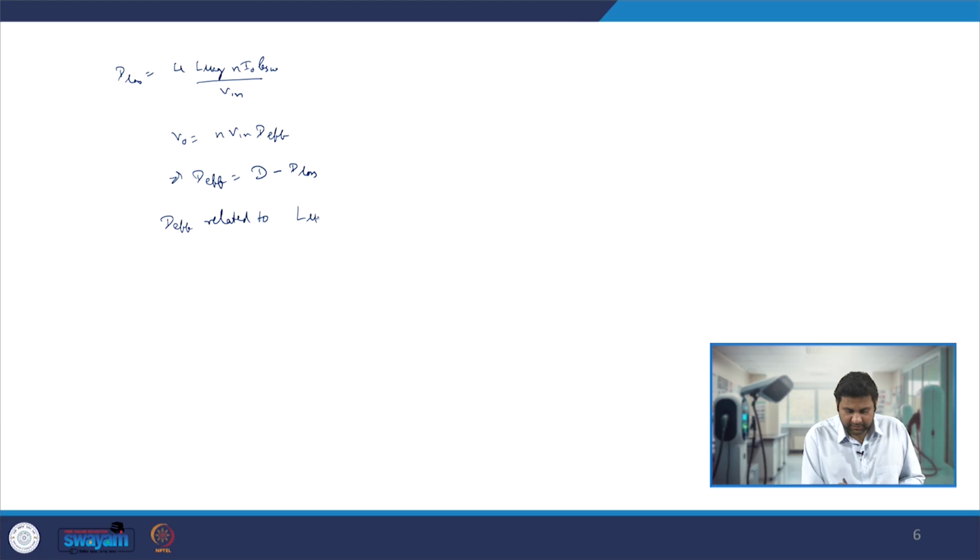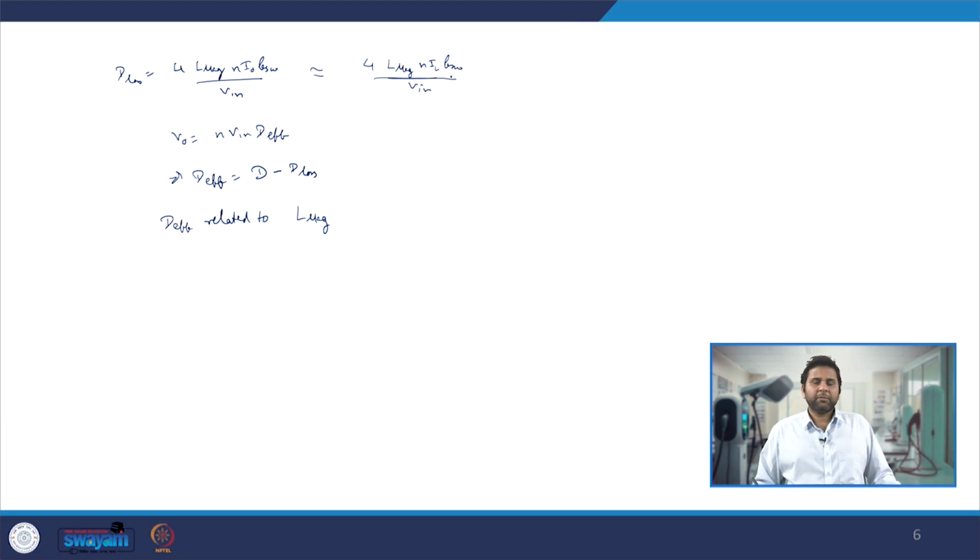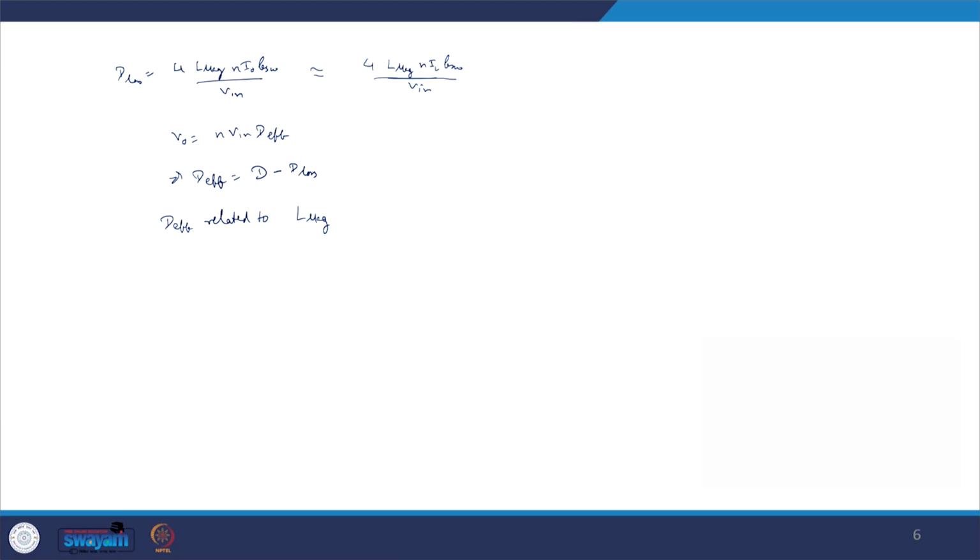L leakage, and we can also write this D loss in more generalized terms as 4 L leakage N IL Fsw by V in. We can write it that way because we assume that the average value of inductor current is nothing but equal to the current going into the load. So the average value of inductor current is nothing but the output current, so we can just write N IL.